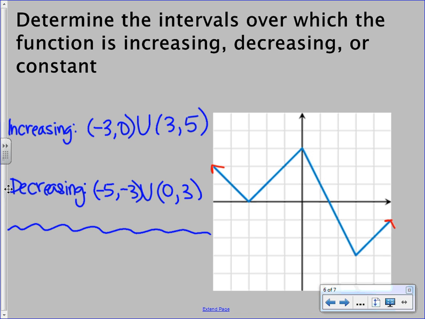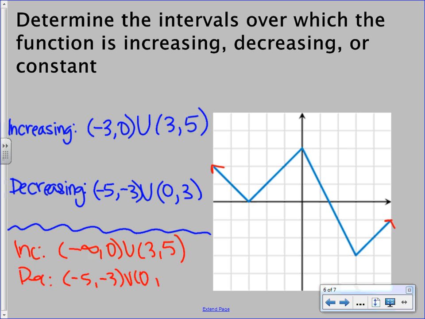If this went on forever, then we would always be decreasing until we got to 0, correct? So instead, we would write from -infinity to 0, because it would always be decreasing. And if this continued to increase for the rest of eternity, then we would say that it decreases from -5 to -3 and 0 to infinity.